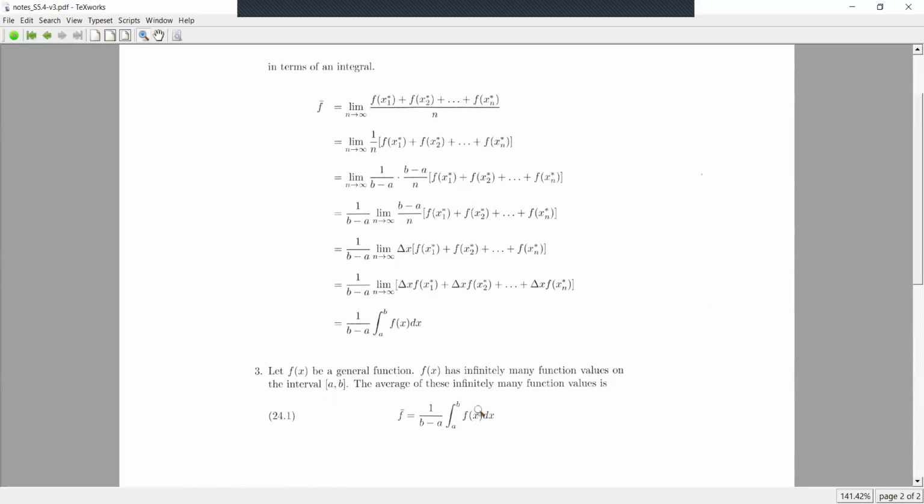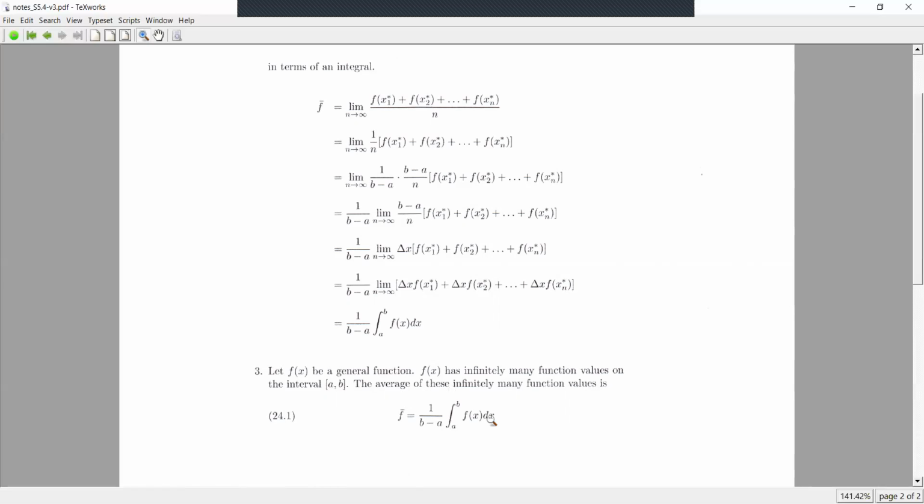So this formula is true not only for the elevation function of a mountain, but also for any function. If you want to find the average function value of a general function on some interval AB, then the average is given by this integral.